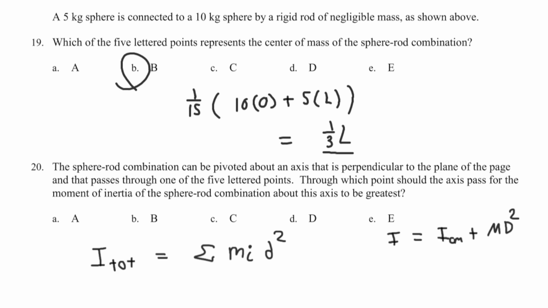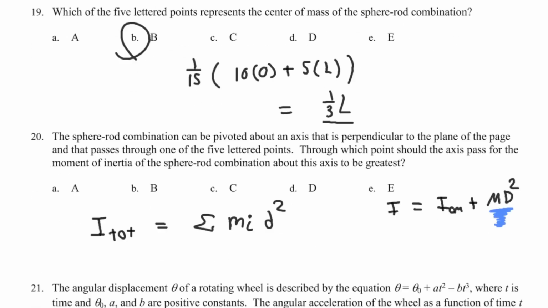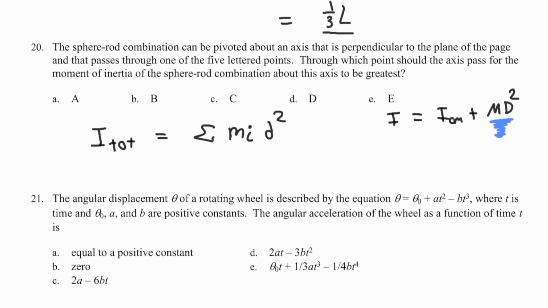So we can see that the moment of inertia depends on how far away you are from the center of mass. So really what we're asking is, what is the farthest point from the center of mass? Well, we already said this was like 1/3 of L, so we said this was the center of mass. So what point's the farthest from B? Well, that would be E. So it's just going to be choice E.